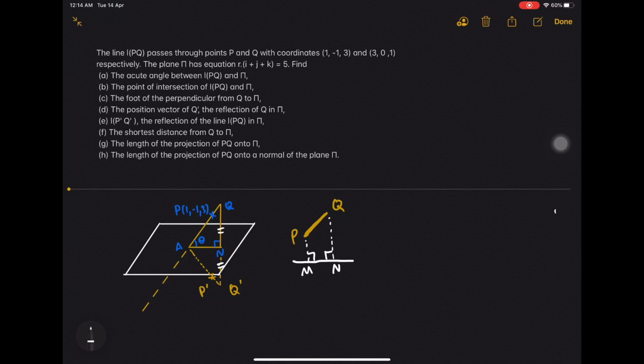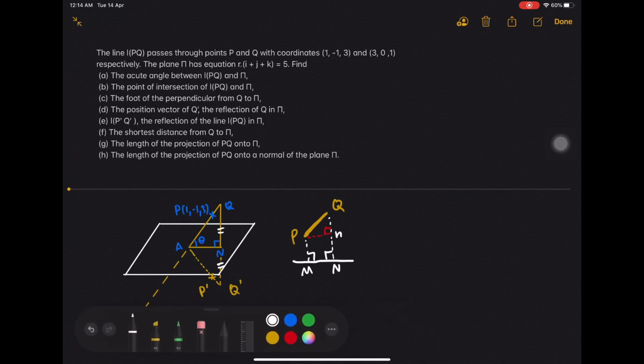So this is my normal, right? My QN is my normal. We want to find the length of projection, not the shortest distance, but the length of projection of PQ onto the normal. So this is the distance that I want to find.